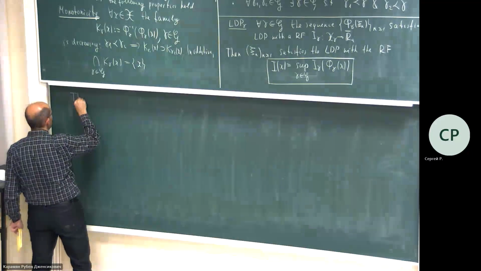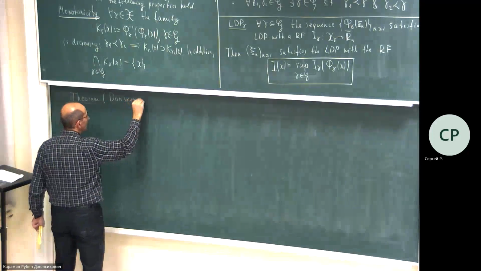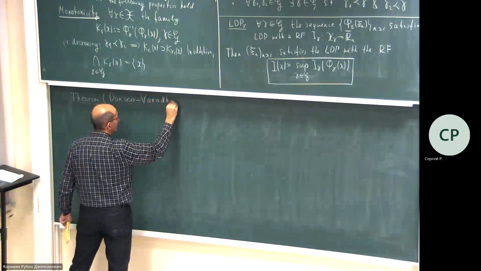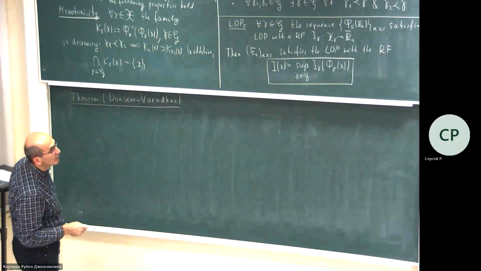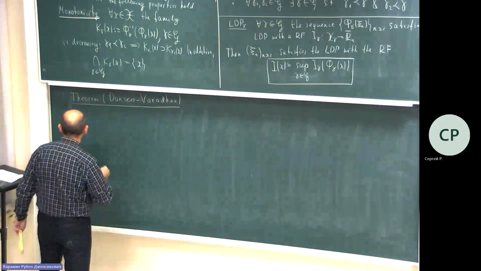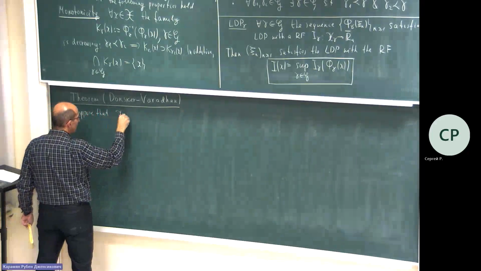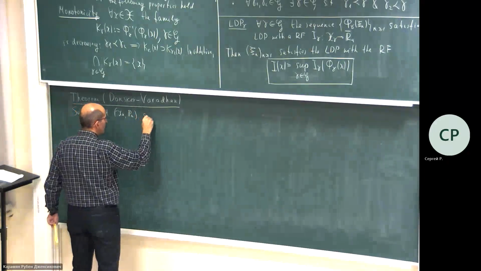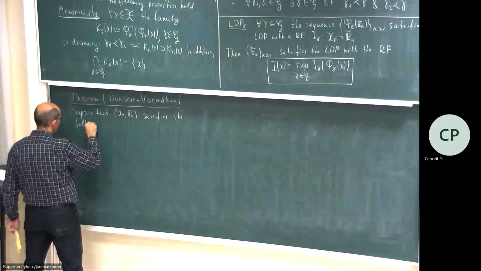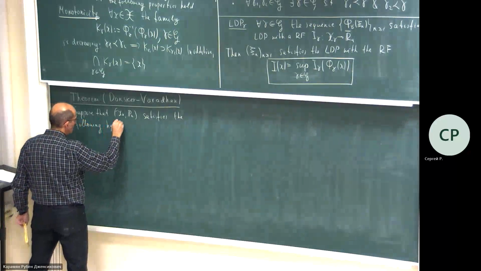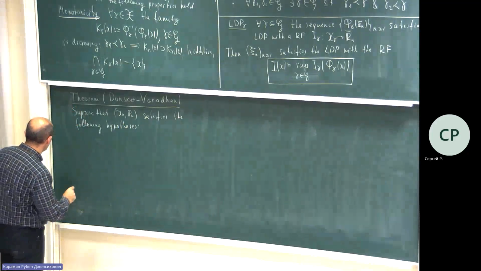In the theorem, and this is Donsker-Varadhan: suppose that the Markov process satisfies the following two hypotheses. The first one is strong irreducibility.